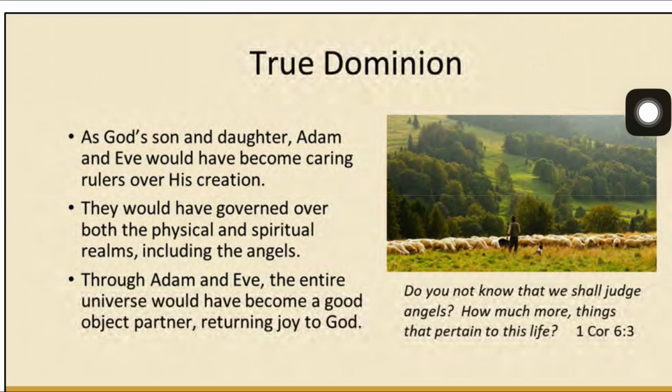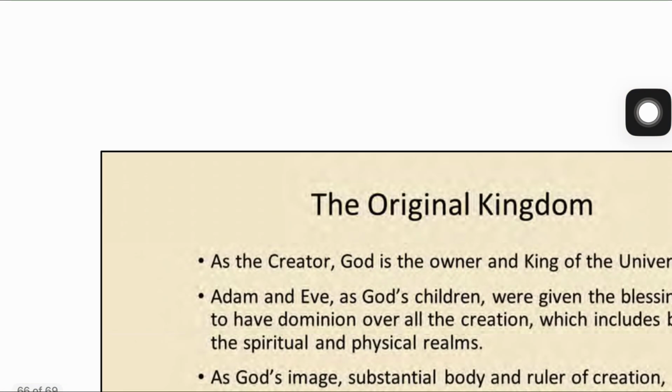This means that true man and true woman are the rulers of the whole creation of God, including the angels, including the spirit world. And we are created supposedly to rule them with care, with loving care. That is the intention of God for all humankind.